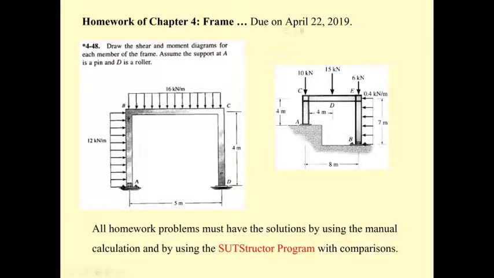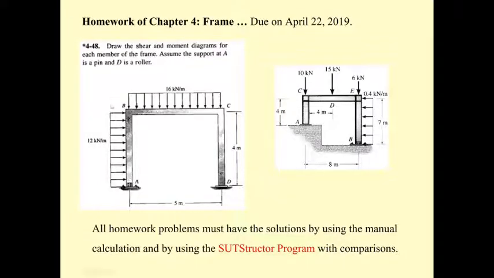Next, the frame. All the frames are going to be statically determinate. That means they can be solved by using the free body diagram and the equations of equilibrium. Then you draw the shear diagram and moment diagram by your hand calculation.